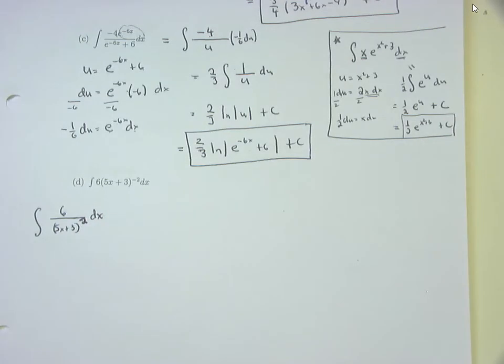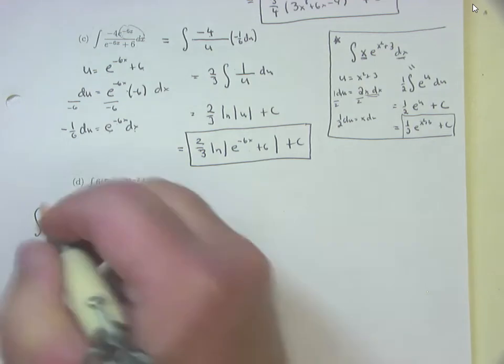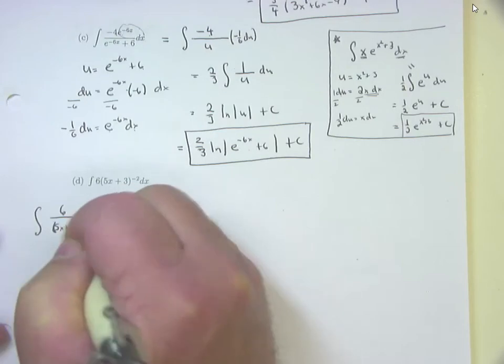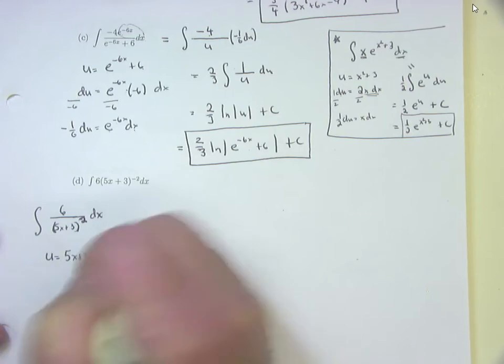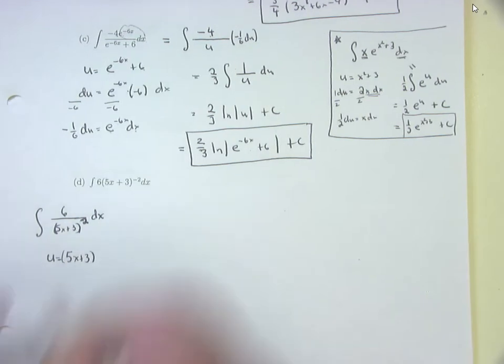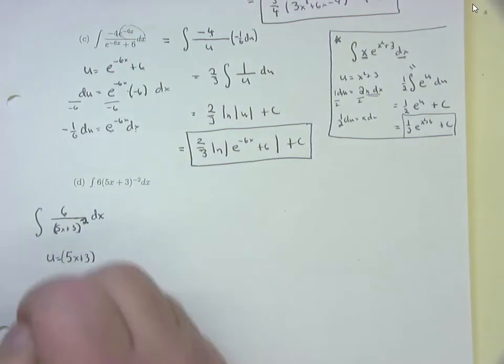If I was going to do this problem, what's the first thing you try to let u equal? Inside parentheses. This is a set of parentheses being squared, so u would be the inside of the parentheses, the 5x plus 3. So what would du be? What is my derivative?